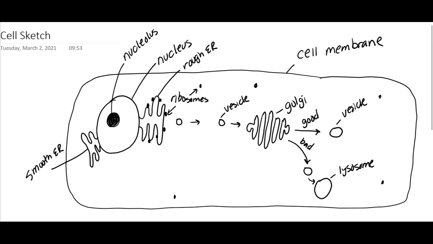And what the lysosomes do is they contain digestive enzymes, and they break apart the products that were in the vesicles back to basics, and basically the lysosomes recycle the products that were made badly. But it all starts with the instructions that are located inside the nucleus, and we call those instructions DNA, deoxyribonucleic acids, and we'll learn about them shortly.